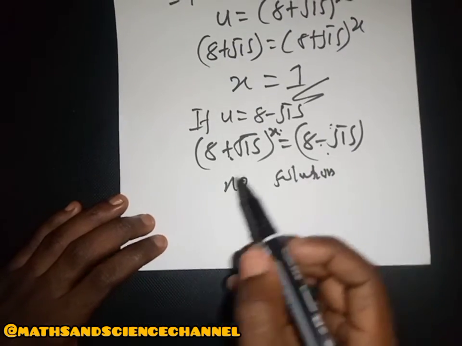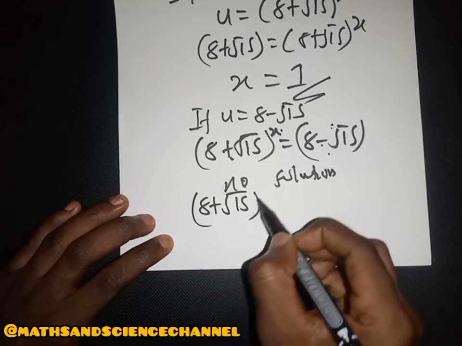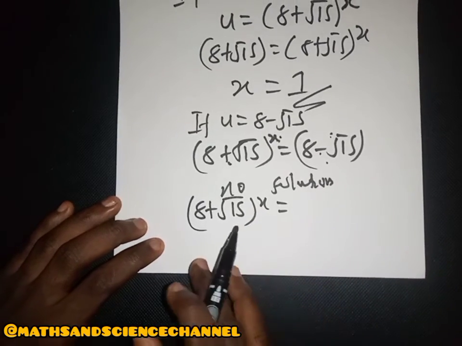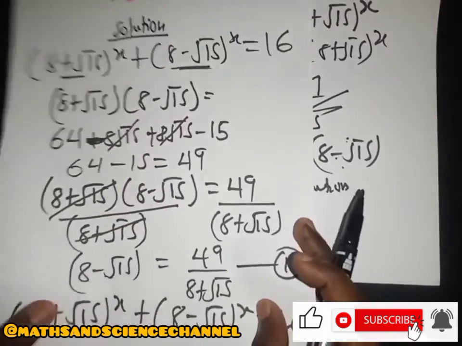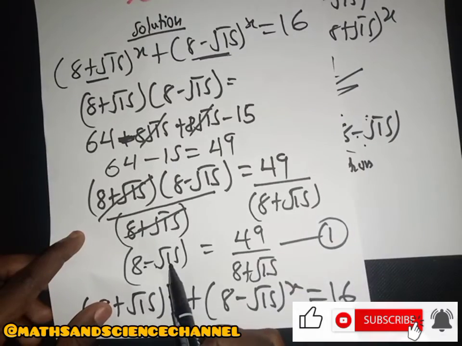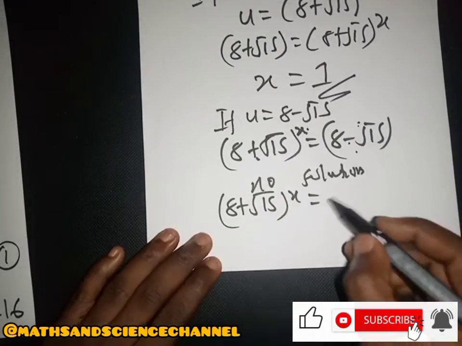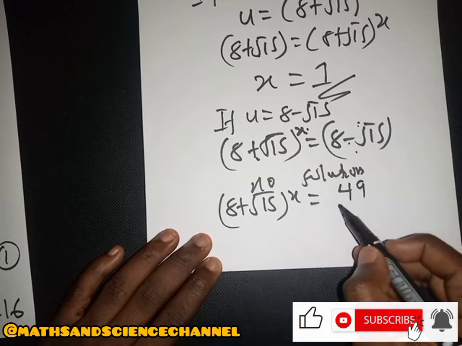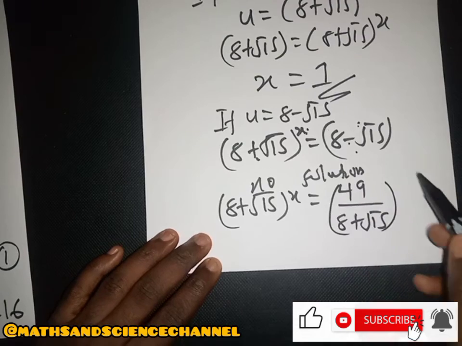But another thing that we can also do is that we have 8 plus root 15 to the power x. Remember from the beginning we said that from equation 1, 8 minus the root of 15 is equal to that. So let's replace that and see what will happen. So we have 49 here being divided by 8 plus the root of 15 as the minus part, right?